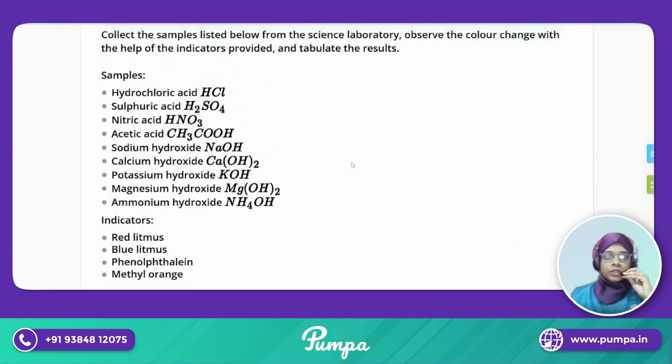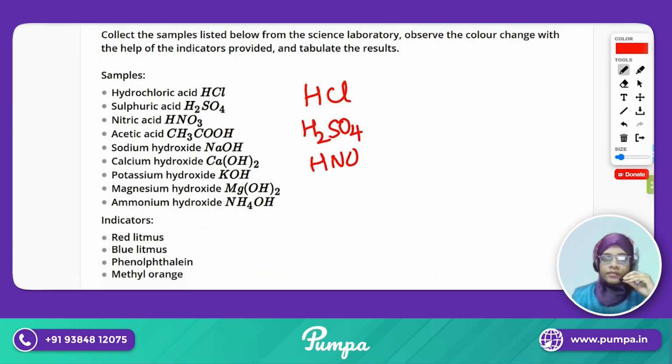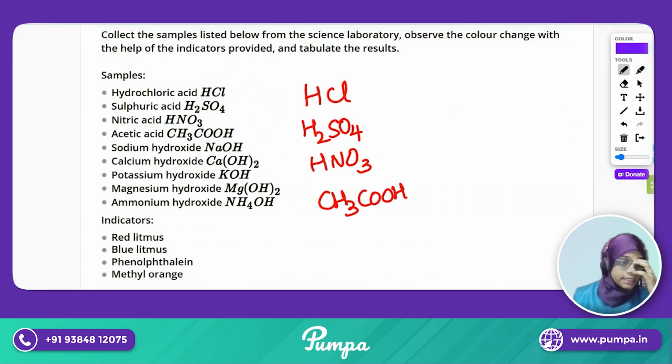Okay, so from the given substances you should be able to identify which is an acid and which is a base. If so, we can easily identify them. So we have HCl, H2SO4, HNO3, and CH3COOH. What is the main thing we know for acids? They release H plus ions.